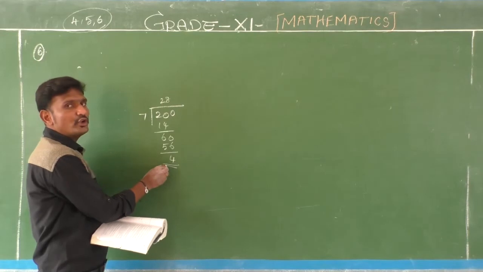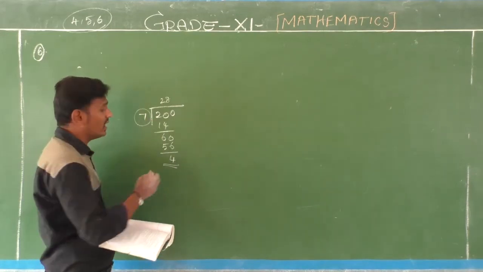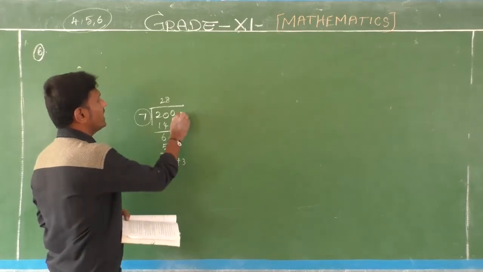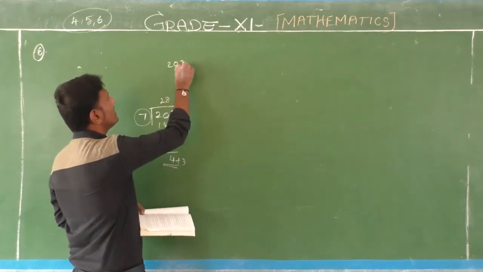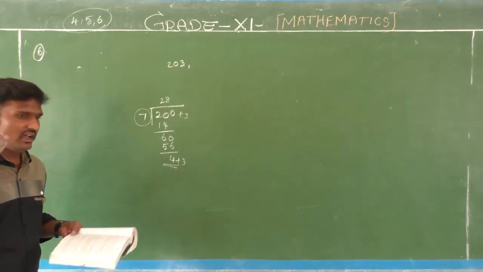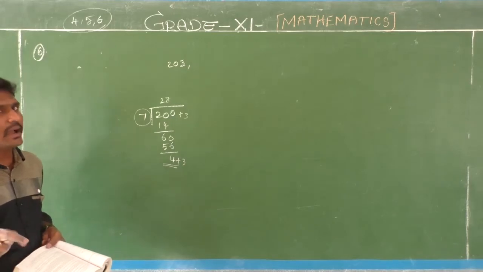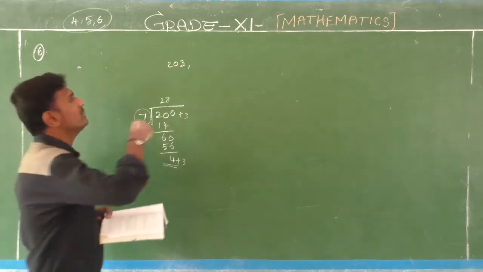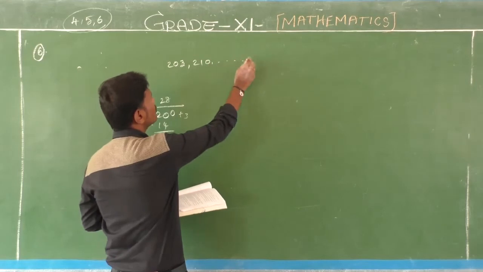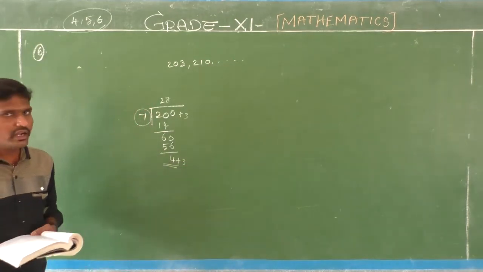Which number do you add to get a multiple of 7? Plus 3. So 203 is your first number between 200 and 400 which is divisible by 7. And then you add to get the numbers 210 and so on. And for the last term, you check 400.